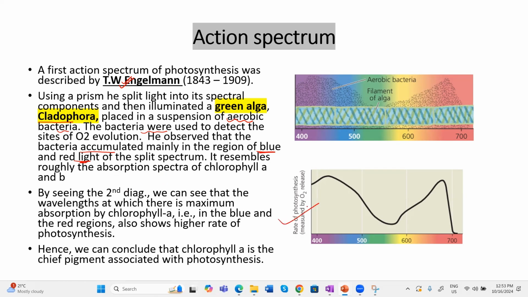But see the second diagram, analyze it. We will see that the wavelength at which there is maximum absorption is the blue and red region. Here only the highest rate of photosynthesis is also going on. So it means chlorophyll A is the chief pigment associated with photosynthesis.